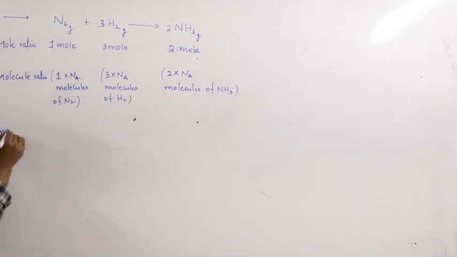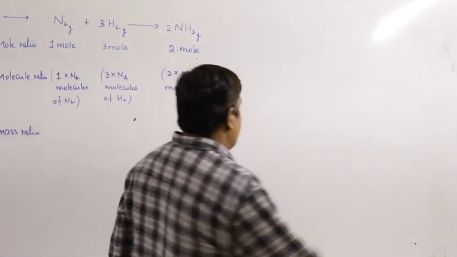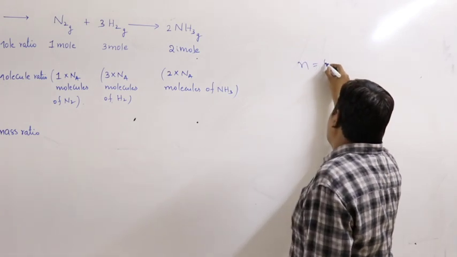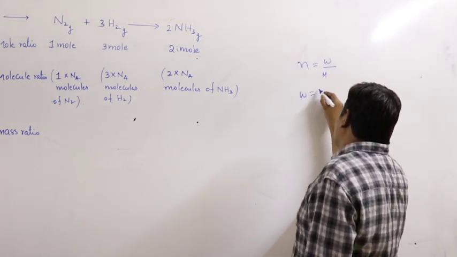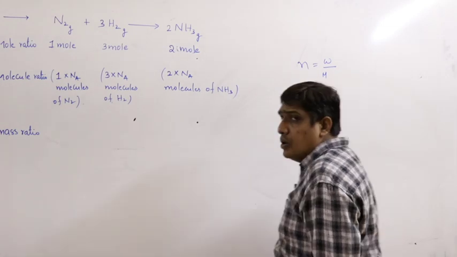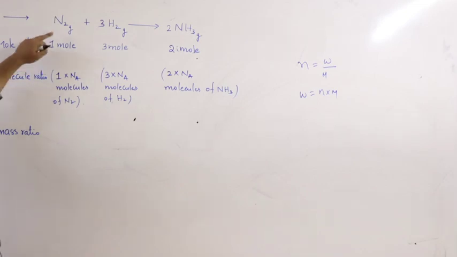Next, the mass ratio. When you know moles, multiply with molecular weight. So number of moles equals weight by molecular weight. We require mass. Mass equals number of moles into molecular weight. So how many moles do we have? 1 mole. What is the molecular weight of nitrogen? 28.